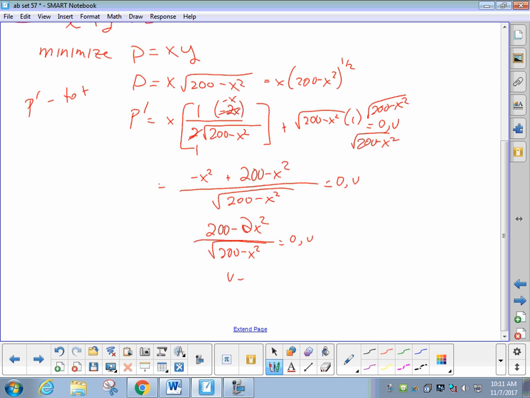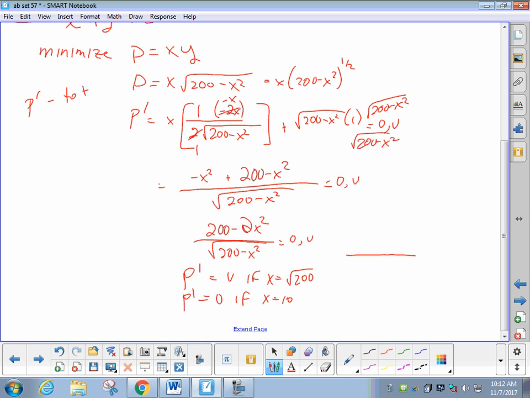This would be undefined. P prime is undefined if x is square root of 200. P prime is 0 if x is 10.